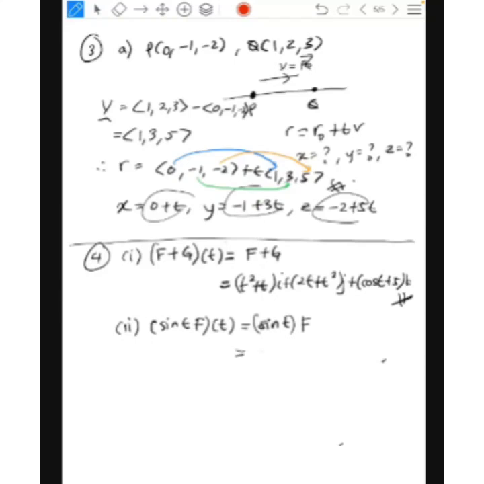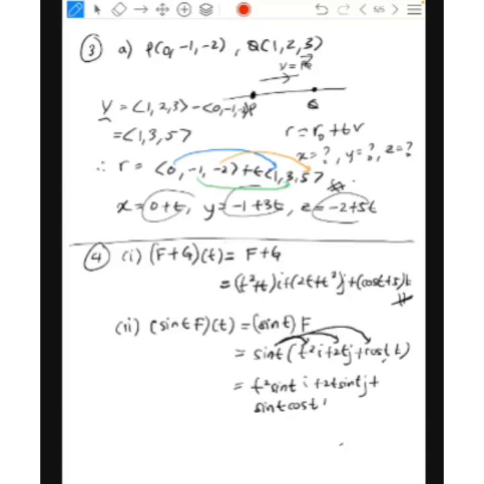So it will become sine t multiplied with t squared i plus 2t j plus cos t k. Or t squared sine t i, so just multiply sine t for every term, plus 2t sine t j plus sine t cos t k.